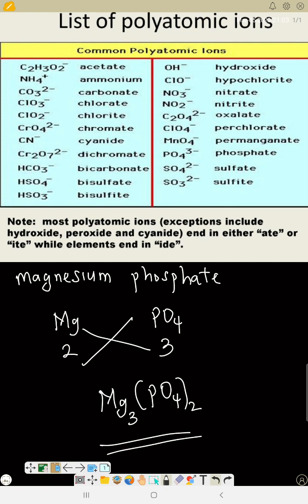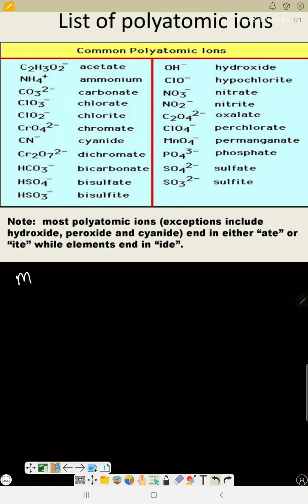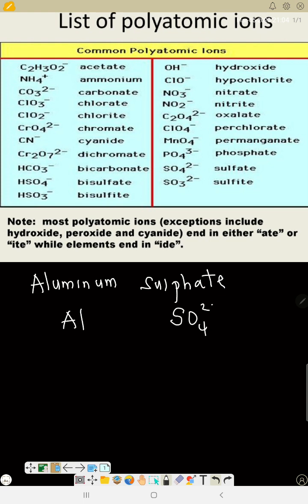So now let's say we want to write aluminum sulfate. So aluminum is Al, sulfate is SO4 2 minus, or tetraoxosulfate(VI).